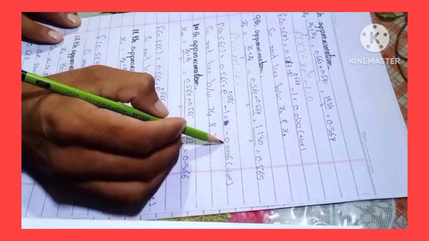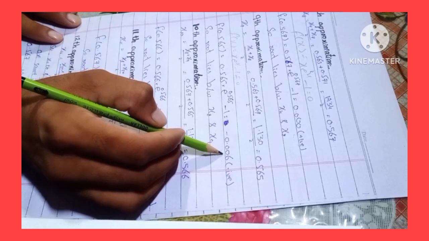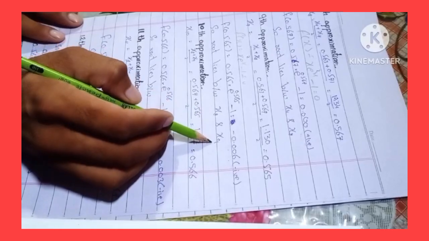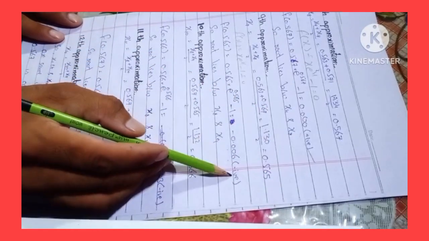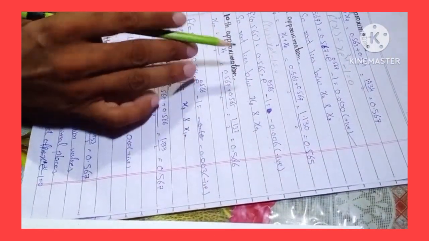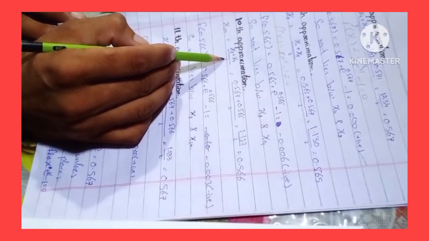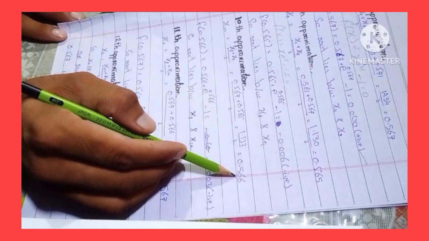Solving with the calculator, its answer is negative 0.006. So the root lies between x8 and x9, because x8 is positive and x9 is negative. The tenth approximation is x10 = (x8 + x9) / 2, putting values and solving, the answer is 0.566.